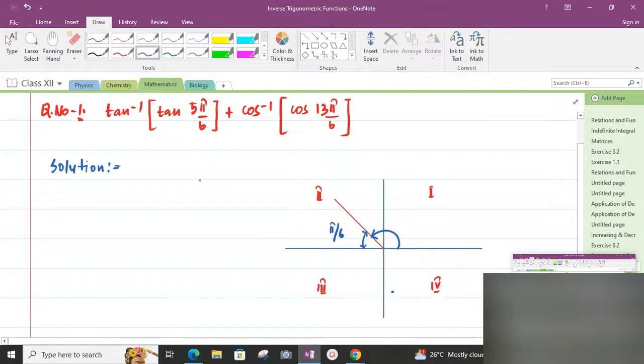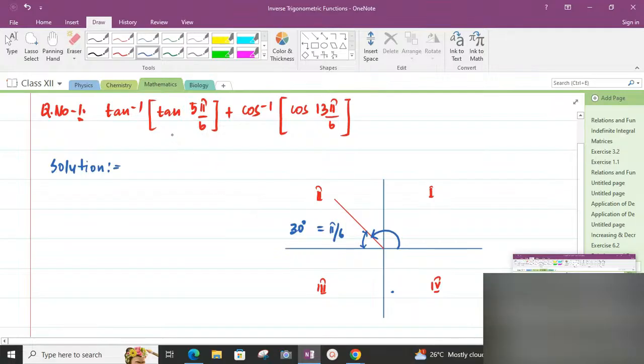In this quadrant, the value of tan will be negative, and pi by 6 is just equal to 30 degree. Pi equal to 180 degree divided by 6, then we get 30 degree.